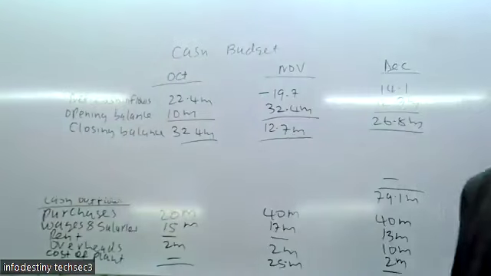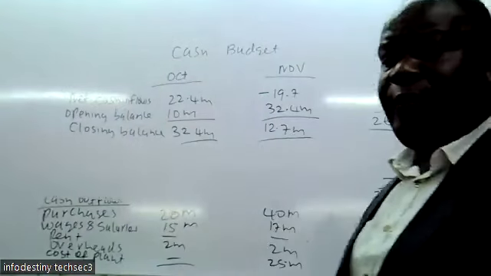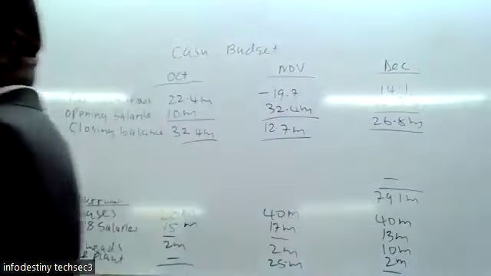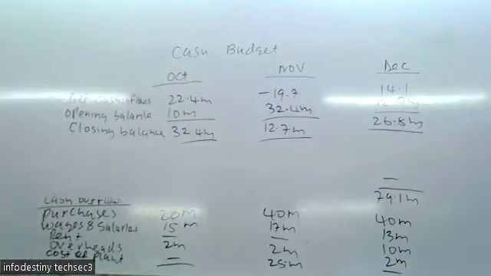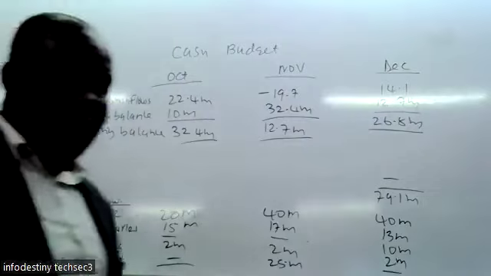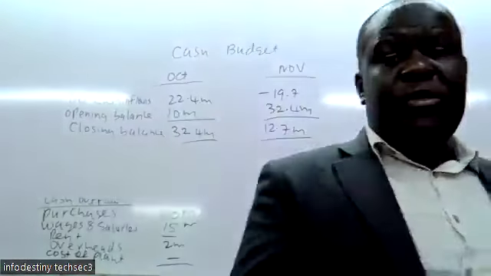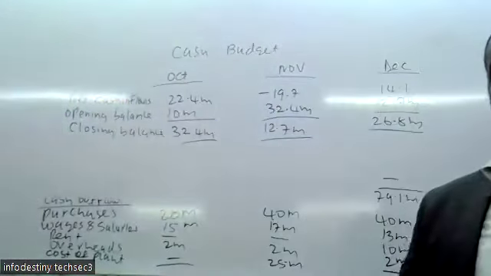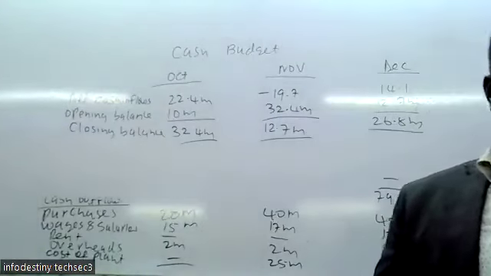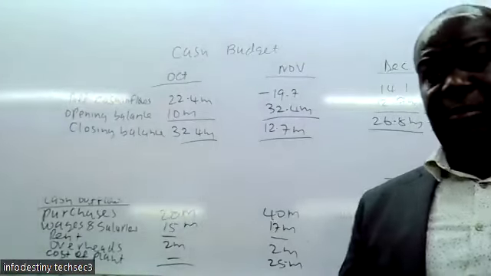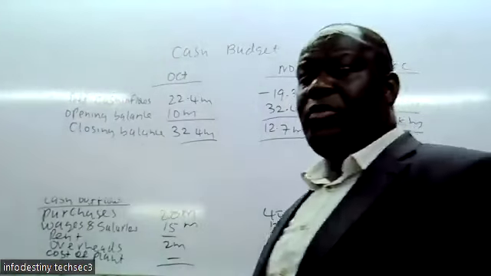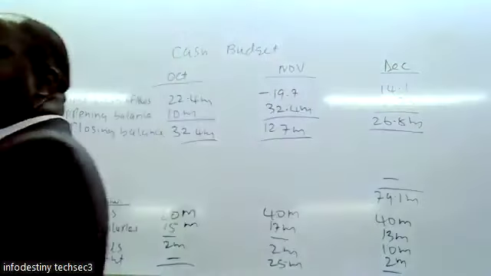So that is now the conclusion of the topic of financial planning. There were 2 items, the percentage of sales method and the cash budget. So now we have dealt with those 2 items. So now I want us to start a new topic. A new topic in your class group, there are some notes about valuation of securities and the business.